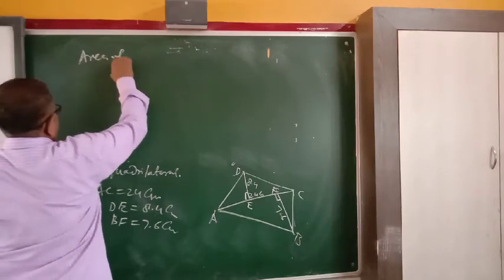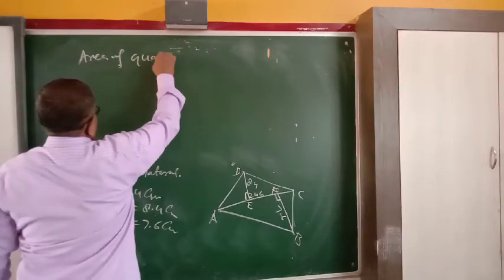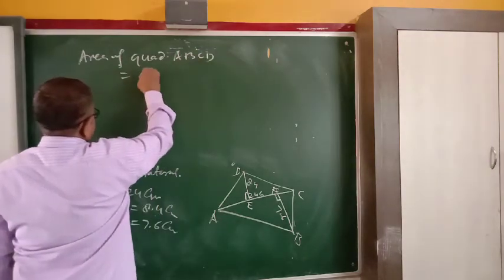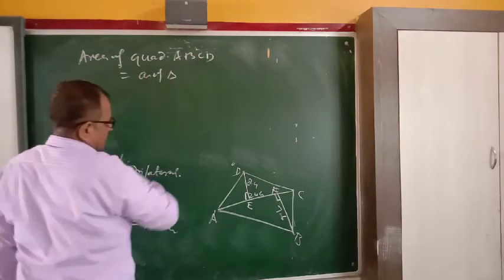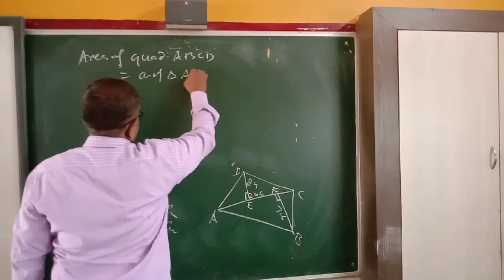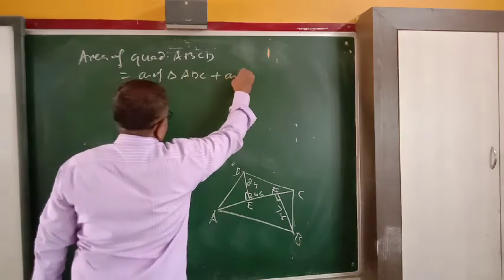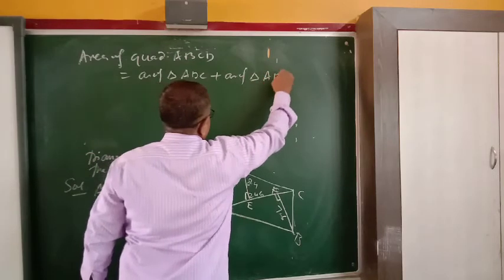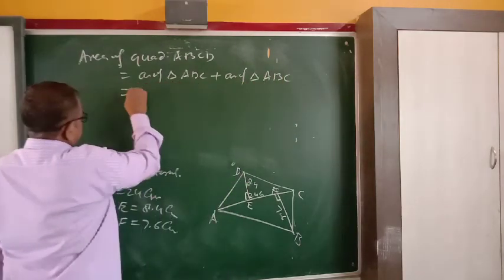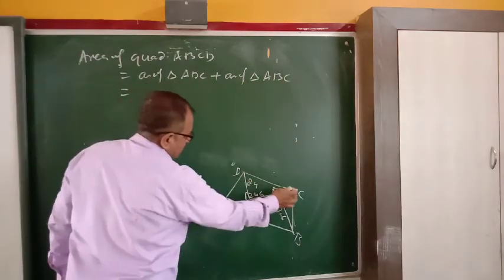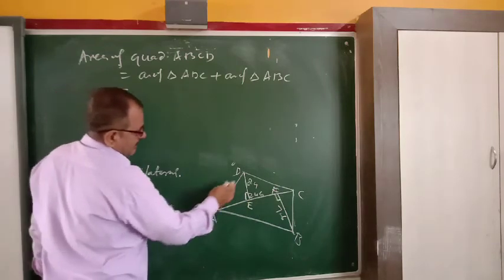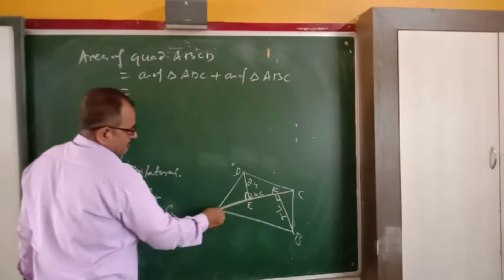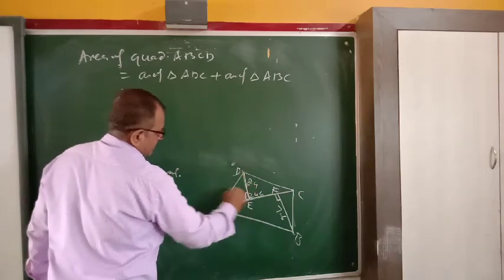So, write area of quadrilateral ABCD is equal to area of triangle ADC plus area of triangle ABC. What is area of triangle ADC? Area of triangle is half base into height. Base will be AC and height is DE.